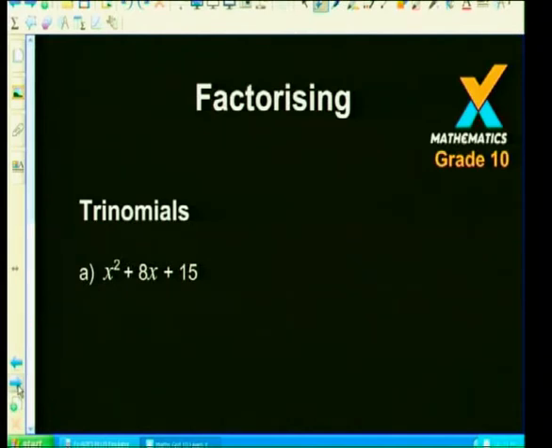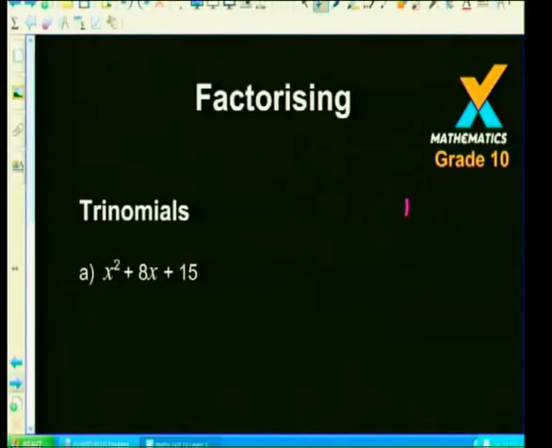Trinomials, 3 terms. I do this with a little recipe of recognizing 4 types. I find that this is the easiest, and I'll take you through all 4 types. Here we have a look at what I need to remember. Plus, plus, plus goes to plus, plus. That's a type 1. Plus, minus, plus goes to minus, minus. That's type 2.